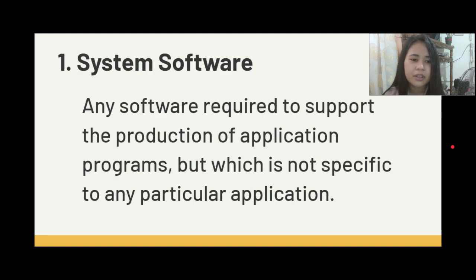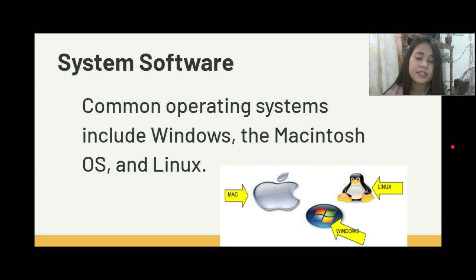System software is any software required to support the production of application programs, but which is not specific to any particular application. Examples are Mac, Windows, and Linux.